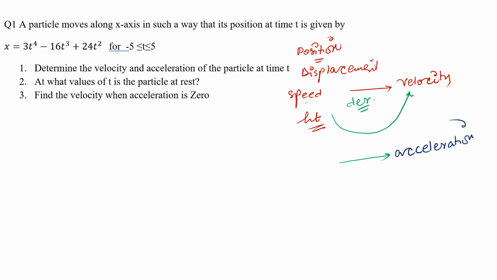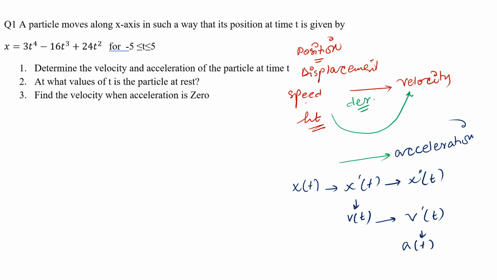Suppose the position x of t is given. If you take the derivative of this position function, that is the velocity. If you again take the derivative, of the velocity, then this is the acceleration. This is the basic thing.